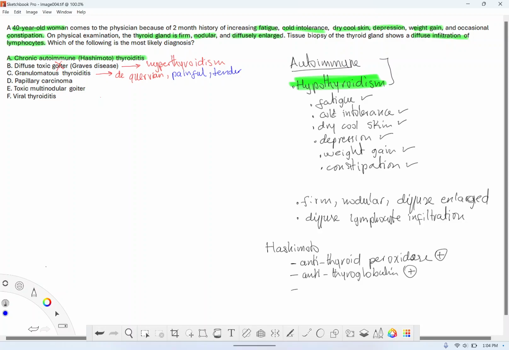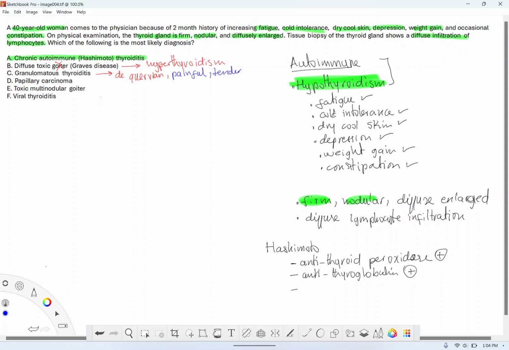It's painful, it's tender. But in our case, the thyroid gland was firm, nodular, not painful. It was firm and non-painful, and in the case of De Quervain it's very tender. So you'll be looking for those things, which we don't have. De Quervain is a viral infection thyroiditis, so this is unlikely.